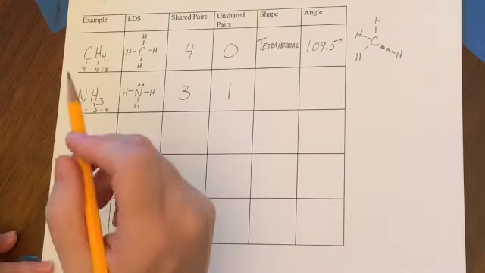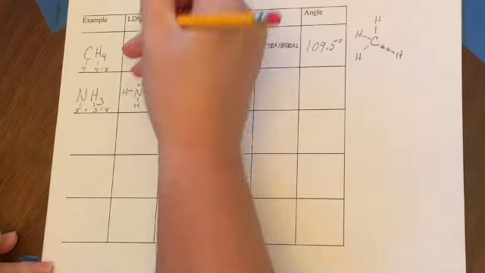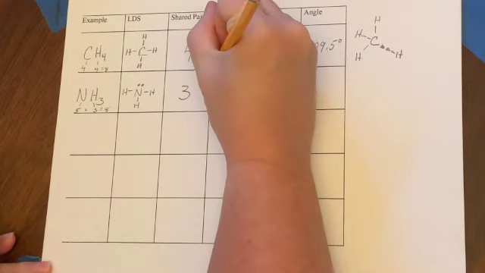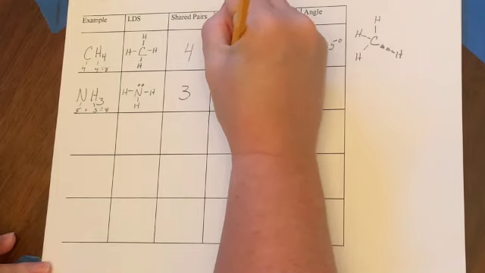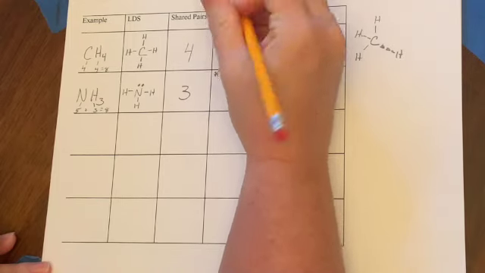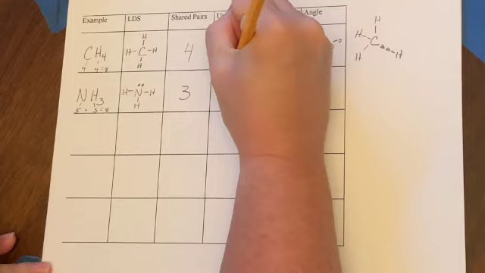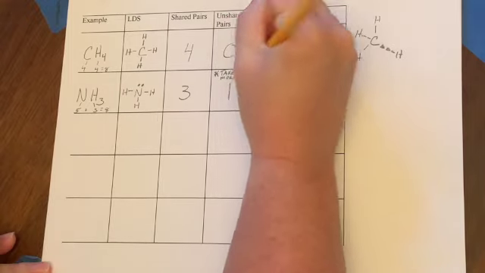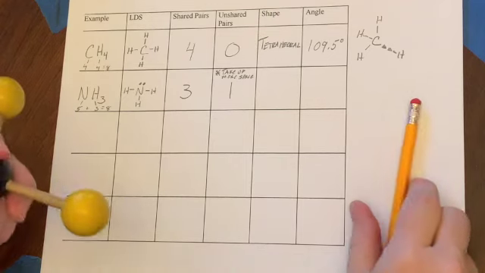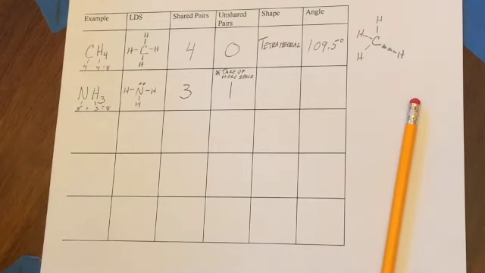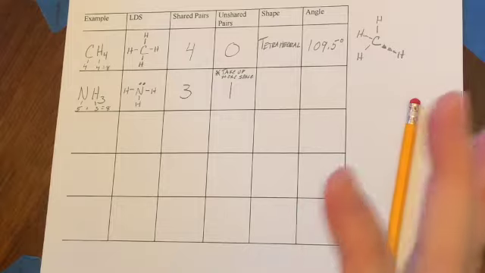Unshared pairs take up a lot of space. Let's talk about unshared pairs. You might want to jot this down. They take up more space. You can think of a pair of electrons kind of like a balloon. If you and I were both pulling on 2 ends of a balloon, it would be a skinny balloon. But as soon as you let go and I'm just holding on to that balloon, it's going to be a nice round fat balloon.